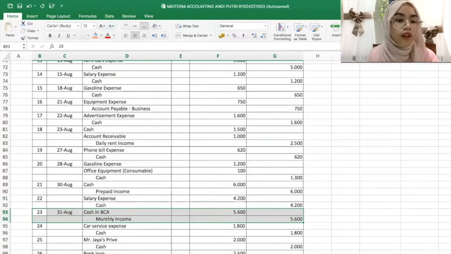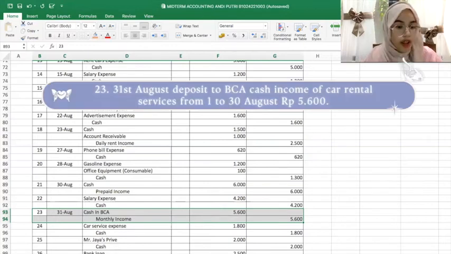And now for the 23rd transaction at 31st August, it is the deposit to BCA of cash income of rental services from 1 to 30 August for 5,600.